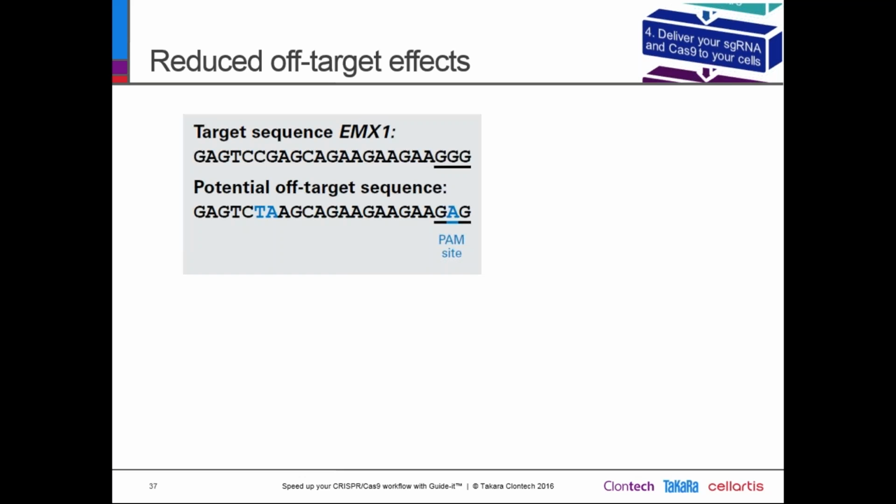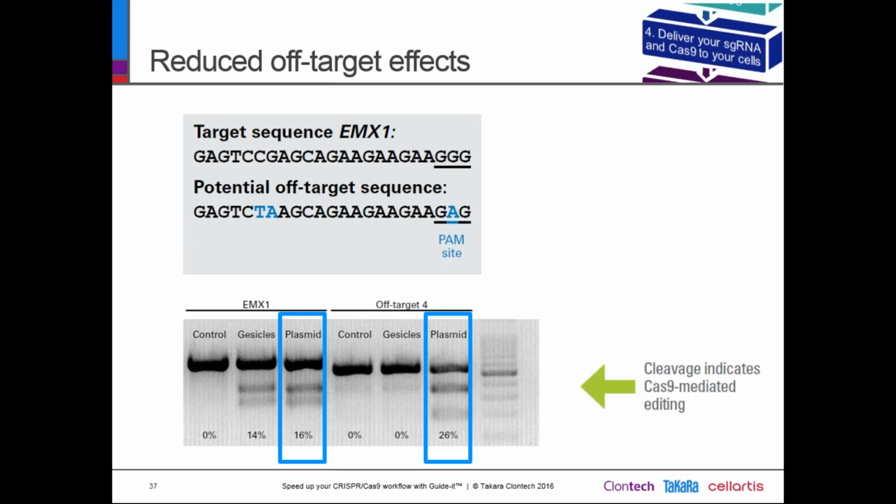So the last point I would like to discuss regarding the Gesicles are the off-target effects. And I would like to show you a side-by-side comparison with plasmid delivery for the EMX1 knockout. Here you can see the sequence of the target site, EMX1, and there's also a potential off-target, which is shown here.